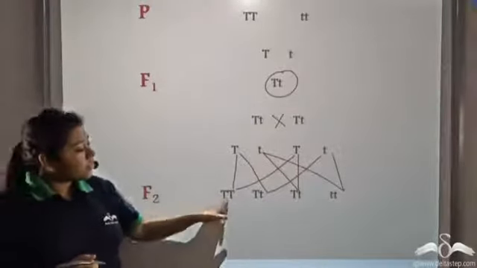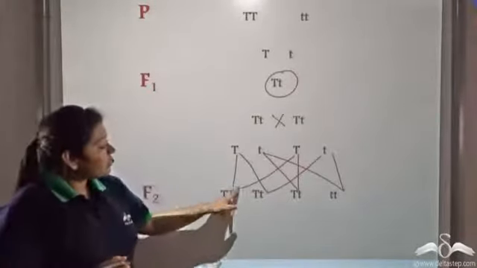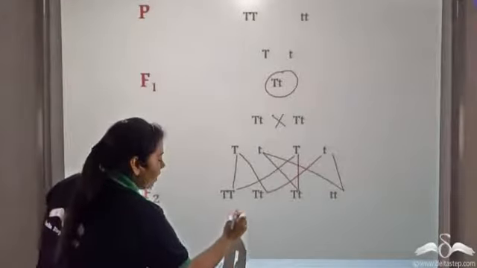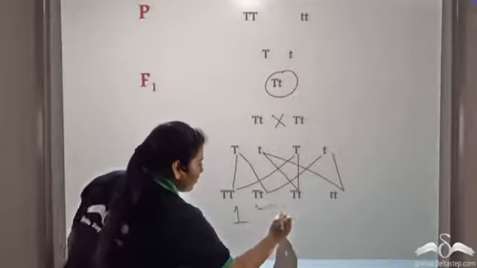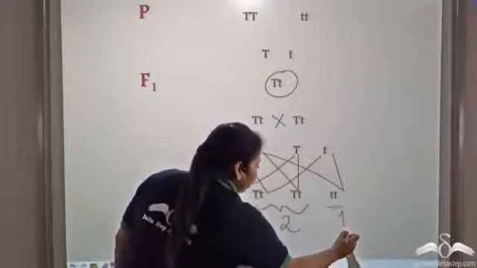So there are three types of genotype, in the ratio of 1:2:1.